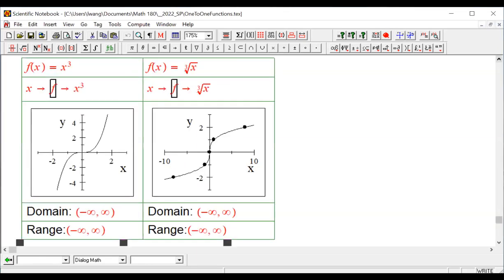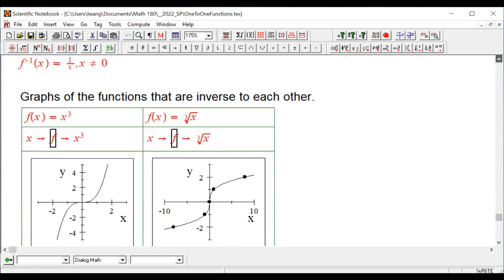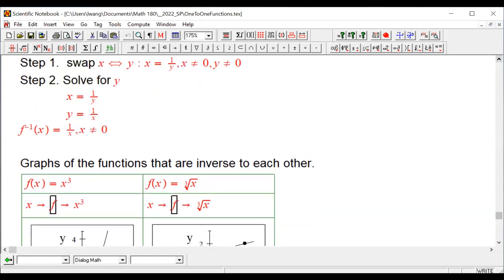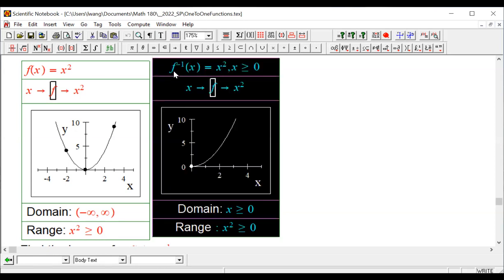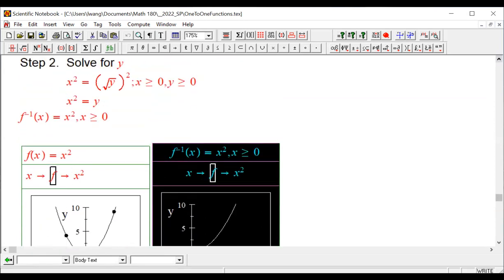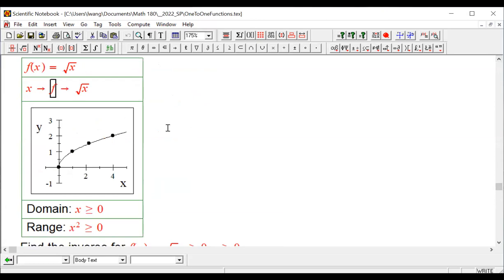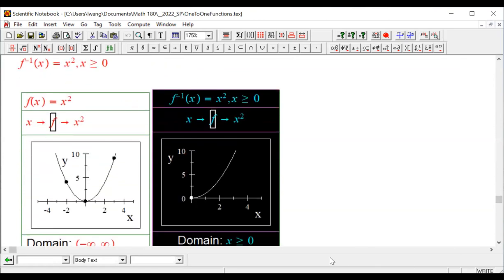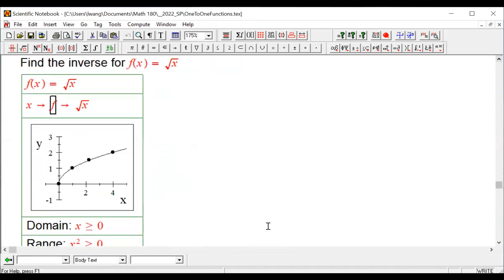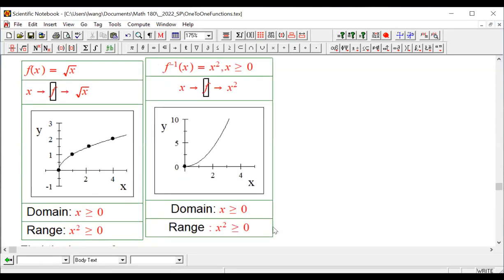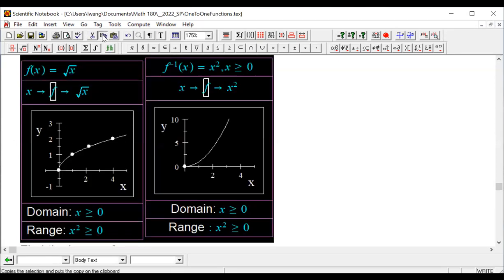Next, what other symmetrical pair do we have? We know this function is inverse to this function, so let me put it over here. These two functions are inverse to each other. I'm going to bring them down.